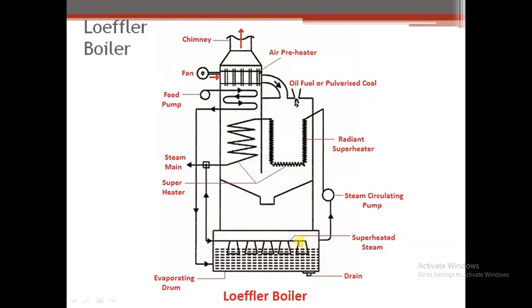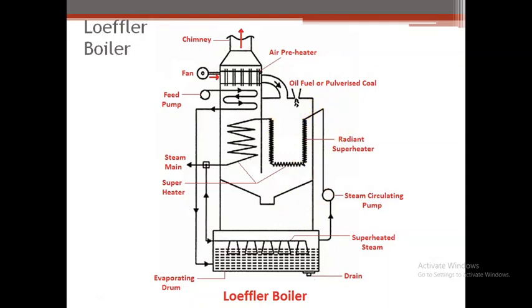Here a mixing nozzle is there for mixing the steam and feed water. Here evaporation starts, then it is sent to the combustion chamber, and from the combustion chamber to the superheater.